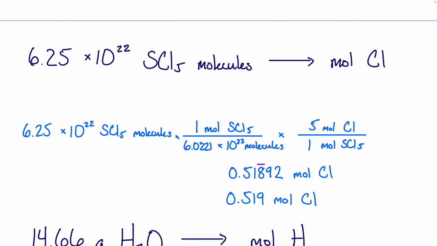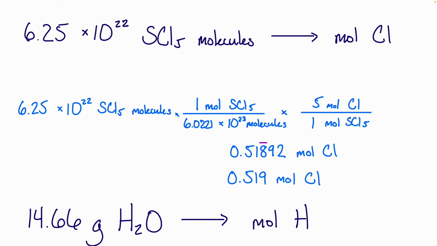First of all, I'm looking at my problem here and I see this keyword molecules, and when I see molecules, I'm immediately thinking Avogadro's number. Absolutely. That's how we know how to deal with molecules, atoms, formula units. All of those tell us Avogadro's number.